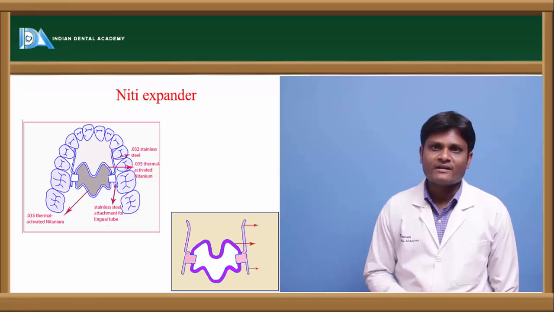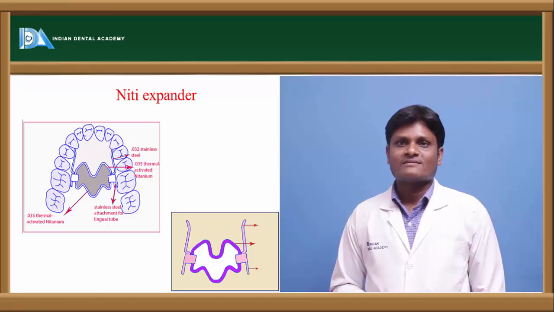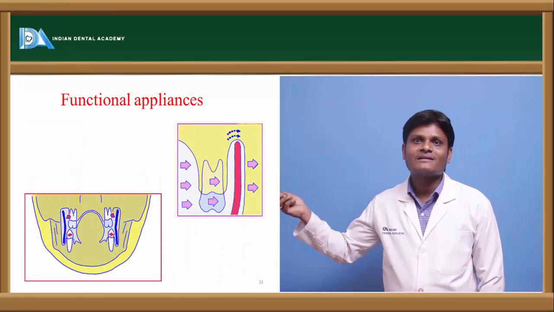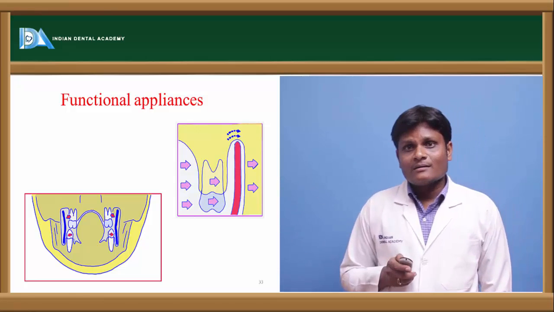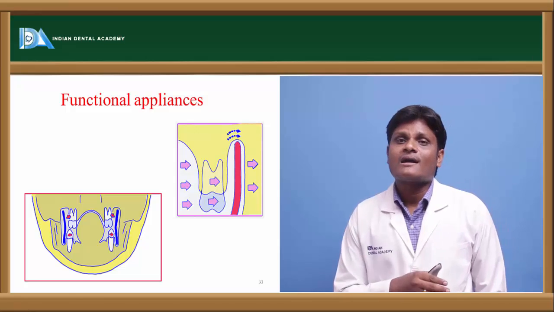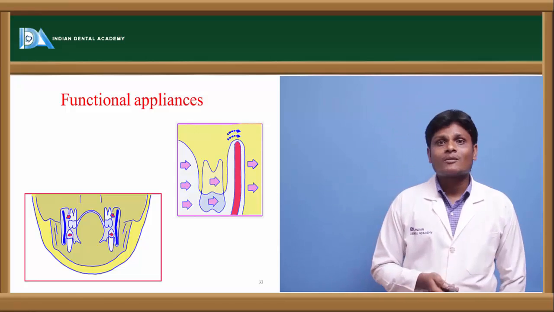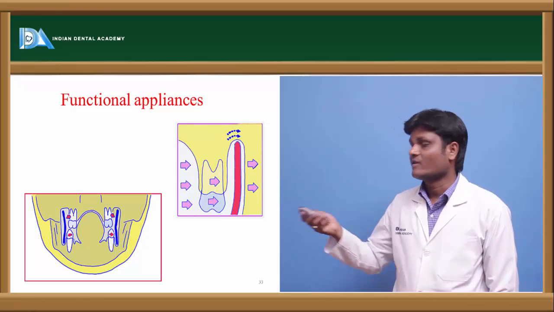This is a NiTi expander, which is a nickel titanium expander used to expand the maxillary arch. These are the functional appliances. They are keeping the dental arches away from the buccal musculature, thereby tongue force will push the maxillary dental arch outward, thereby normal transverse development of the maxilla and its dentition happens with functional appliances.